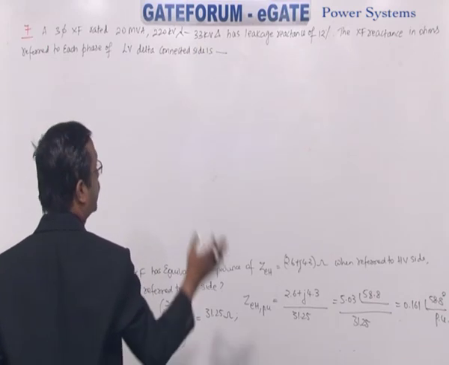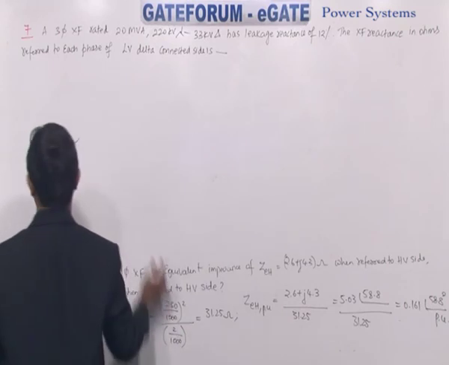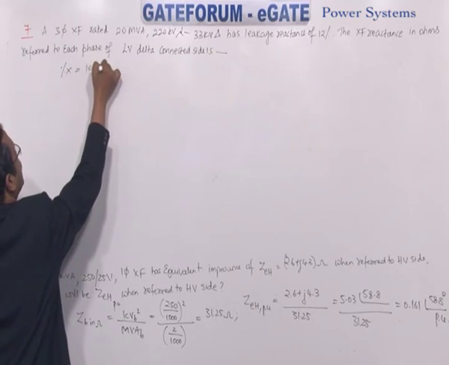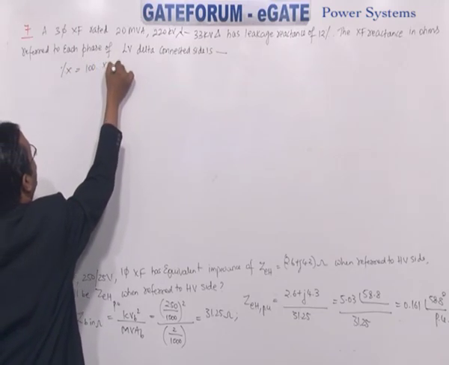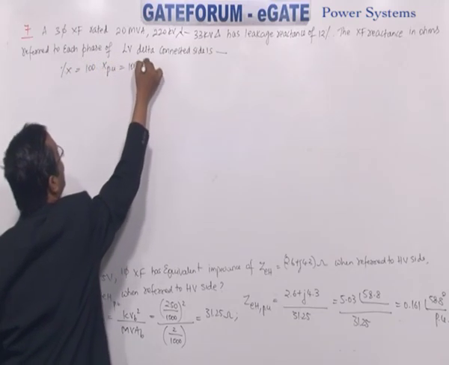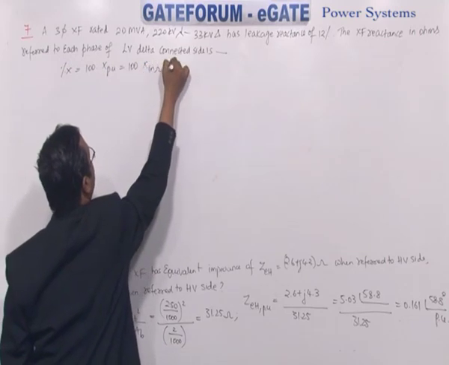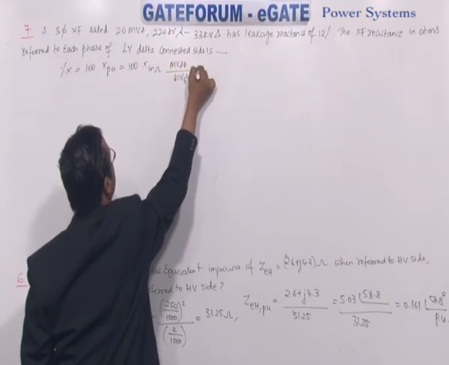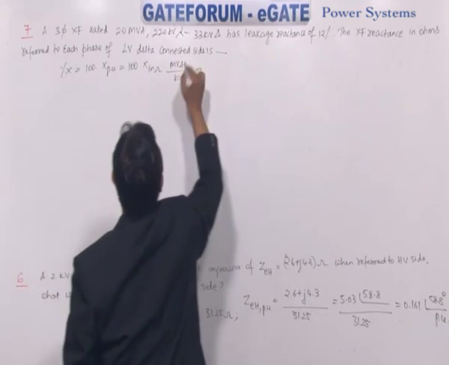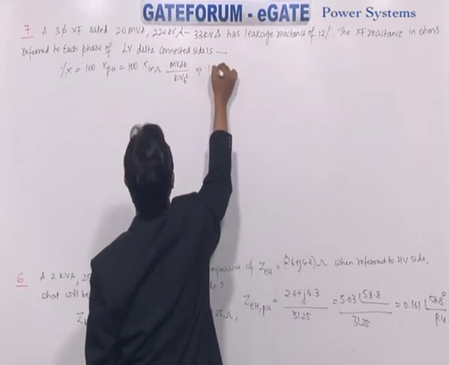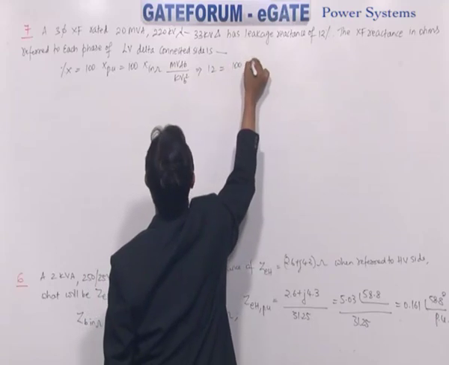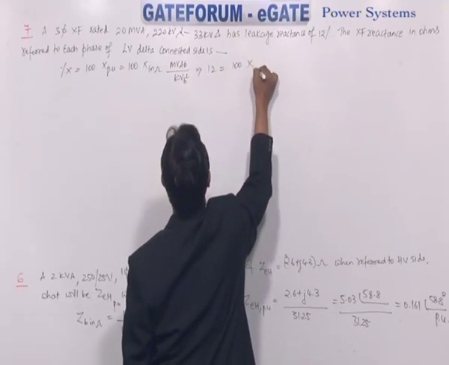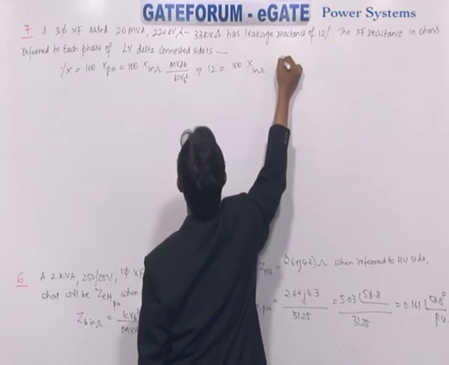So you want to find the reactance in ohms. So what is the percentage reactance? 100 into per unit. Are you right? The reactance in ohms multiplied with base MVA by base kV square. 100, how much reactance? 12. Now, reactance in ohms we have to find out. How much base MVA? 20.